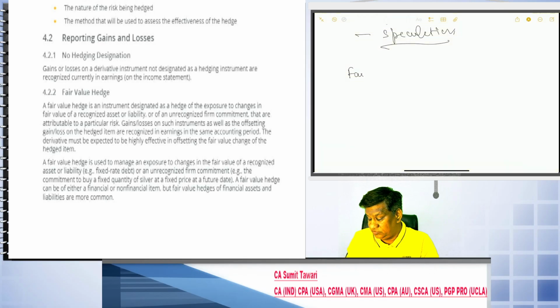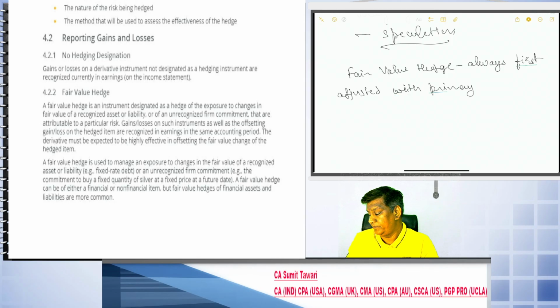Okay. So see, a fair value hedge is always first adjusted with the primary contract. The primary contract, we need to keep in mind.